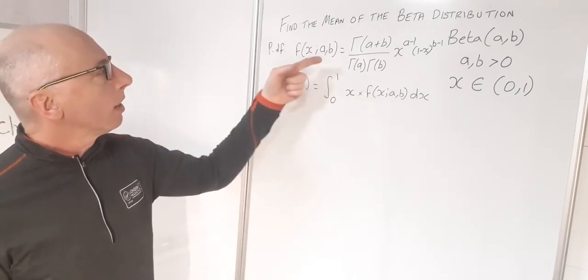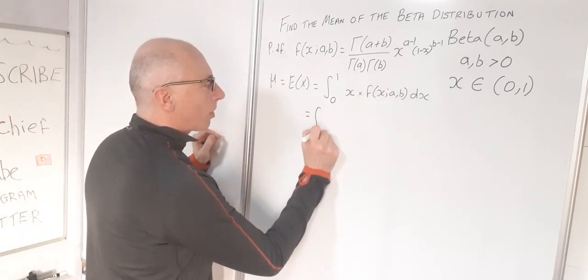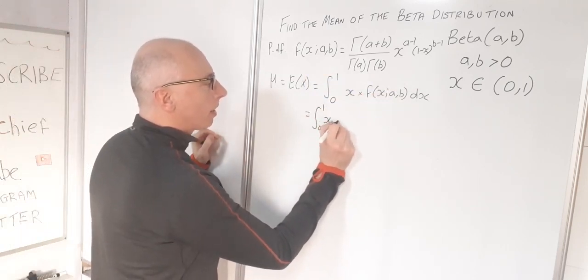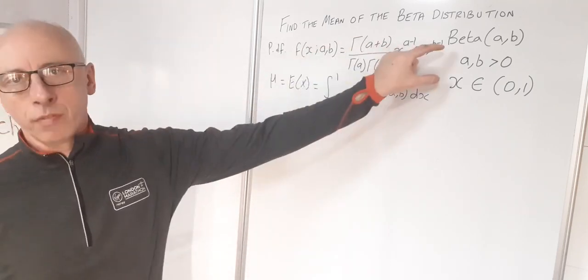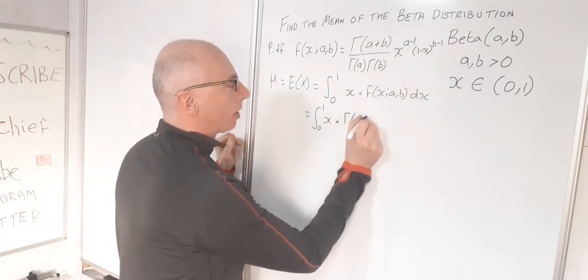Now we can write in our PDF. So now we've got the integral from 0 to 1 of x times all of this, and that looks quite a complicated integral to deal with.